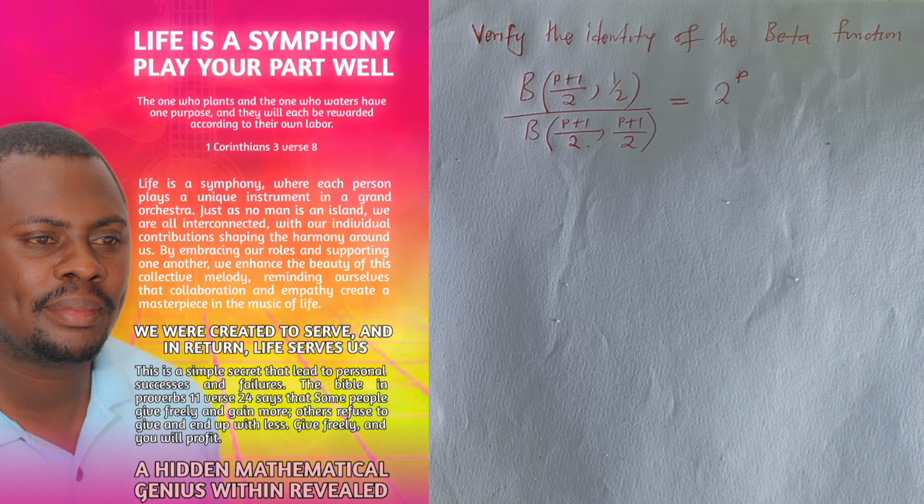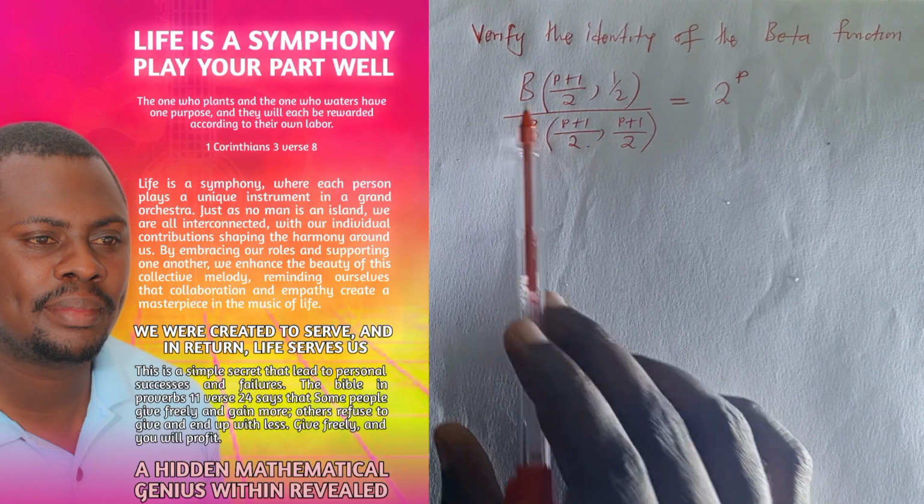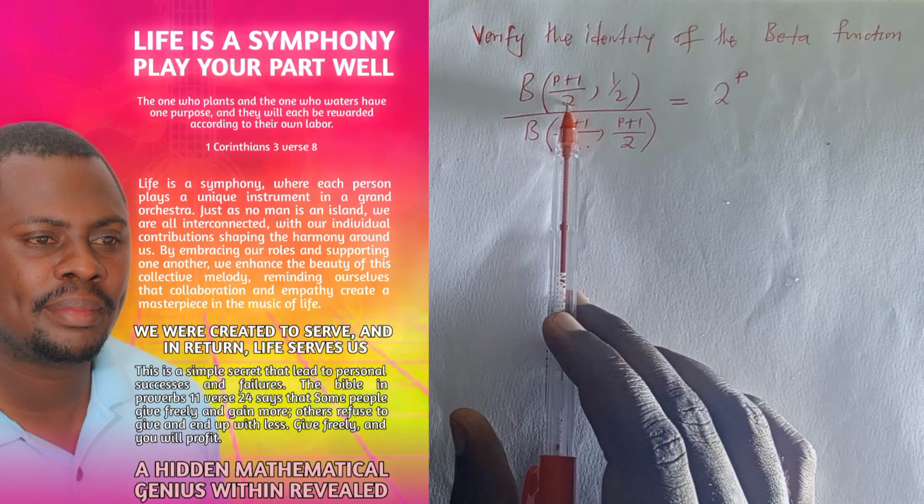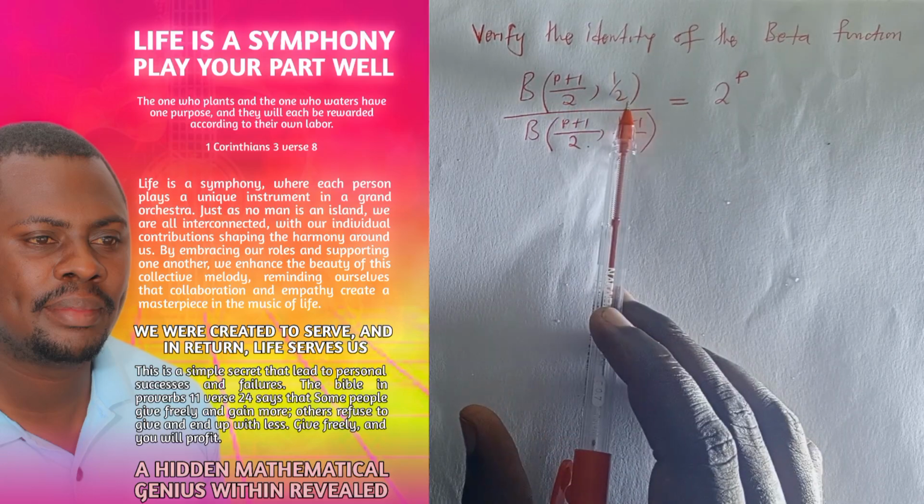Okay, so today's question, we are going to apply the concept of the relationship of beta function and gamma function, as well as a duplication formula of the gamma function. Okay, so here we have beta of p plus 1 over 2, comma 1 over 2.